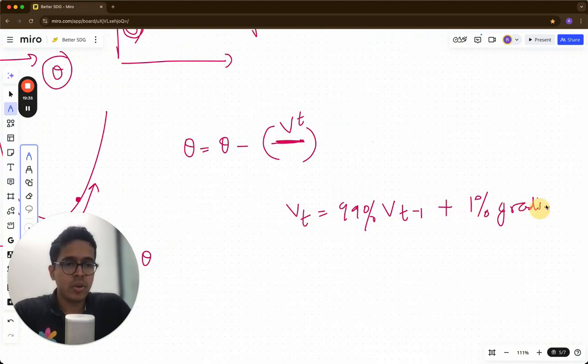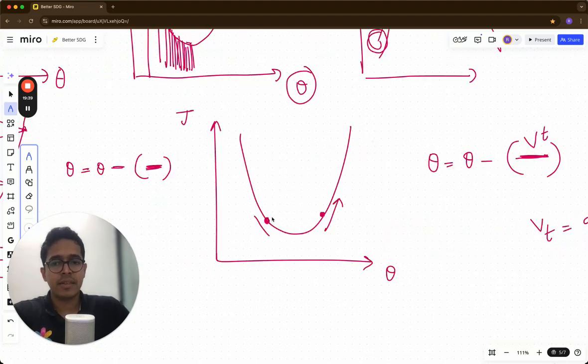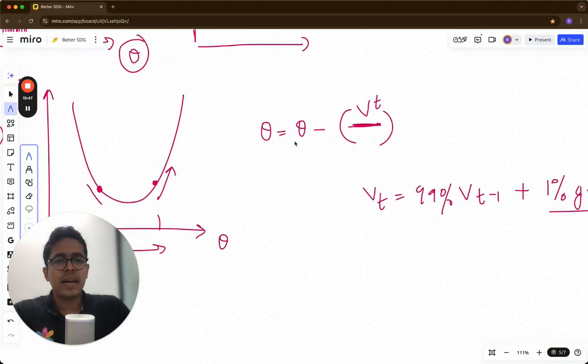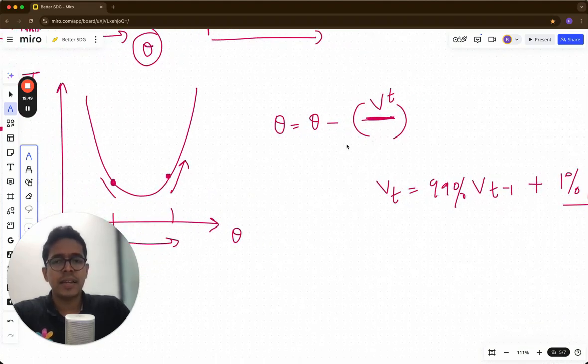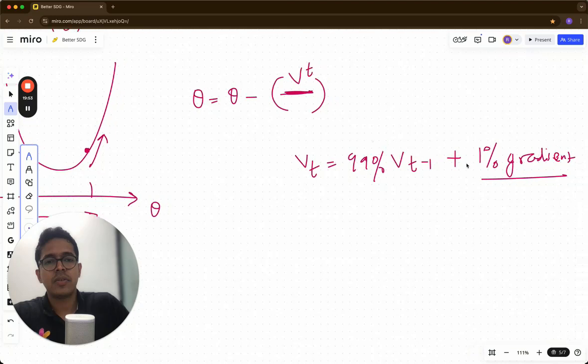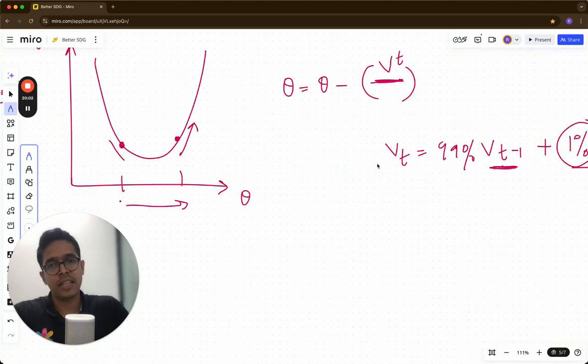So although the direction of gradient has flipped from negative to positive because theta moved from this value of theta all the way till here, the updation of theta will still proceed in a certain direction. It is not affected just because the gradient has flipped, because only 1% of the gradient is contributing towards Vt, and the remaining is about Vt minus 1.